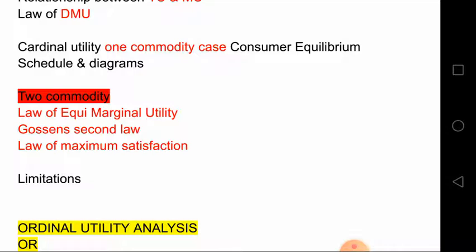The two commodity case is also known as the law of equimarginal utility, Gossen's second law, or law of maximum satisfaction. So when we study the two commodity case, we will try to find out when a consumer will get satisfaction, or be in equilibrium, when he uses more than one, that means two or more than two, commodities.